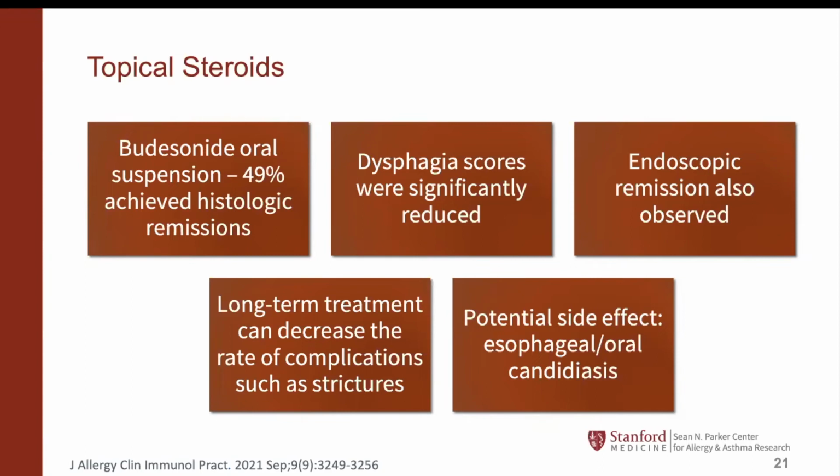Endoscopic remission was also observed. And this treatment really long term can really help to reduce some of those complications, which I had mentioned earlier, such as strictures. And so, either way, we do like to follow up with these patients long term and make sure that we are checking their endoscopies as well to confirm remission.